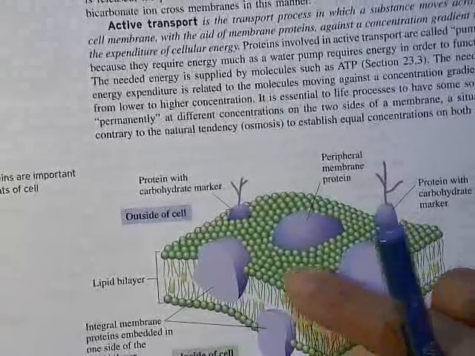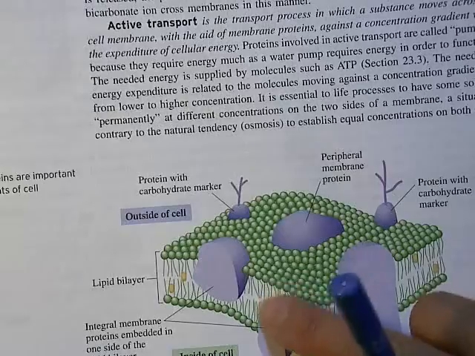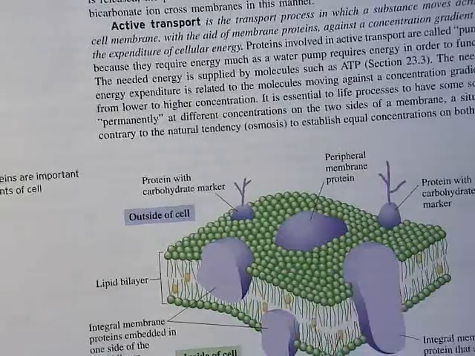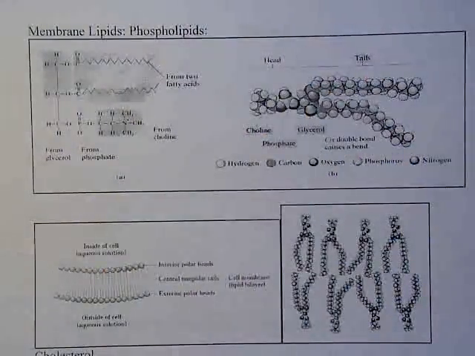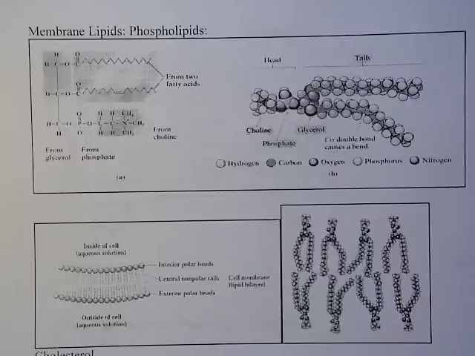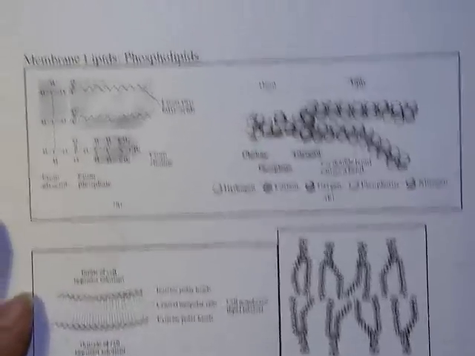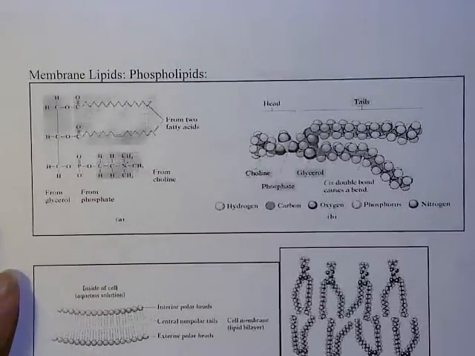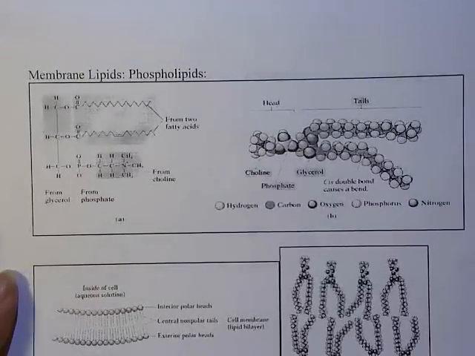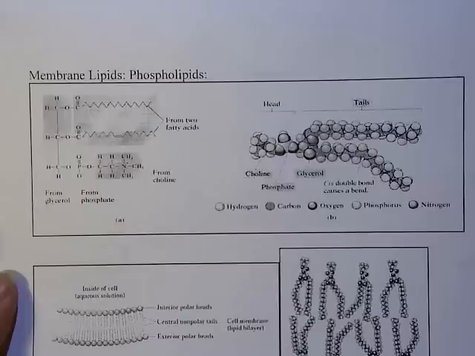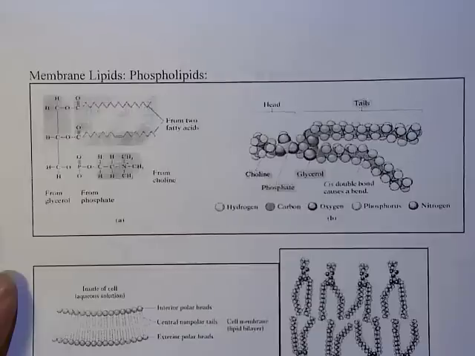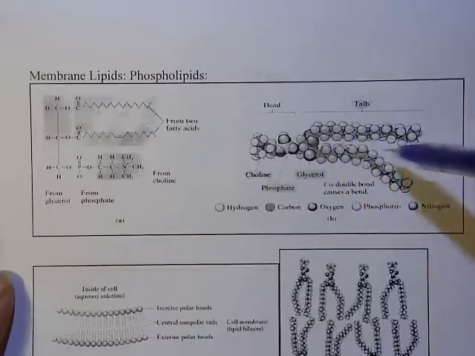All these things with the green head and two tails coming off are the phospholipids that make up the lipid bilayer. Phospholipids structurally look very similar to soap molecules. They contain two long hydrophobic tails. With a soap molecule you only saw one tail, but this one has two tails.